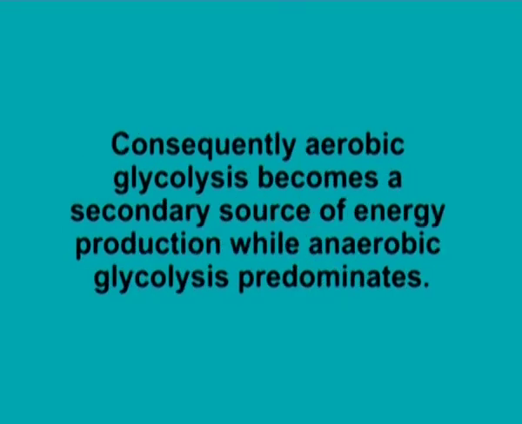Consequently, aerobic glycolysis becomes a secondary source of energy production while anaerobic glycolysis predominates. Rasch and Burke suggest that both aerobic and anaerobic processes prevail during muscular activity, but one or the other generally predominates.